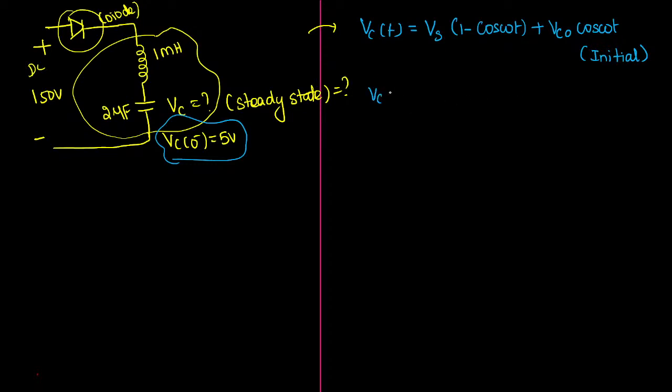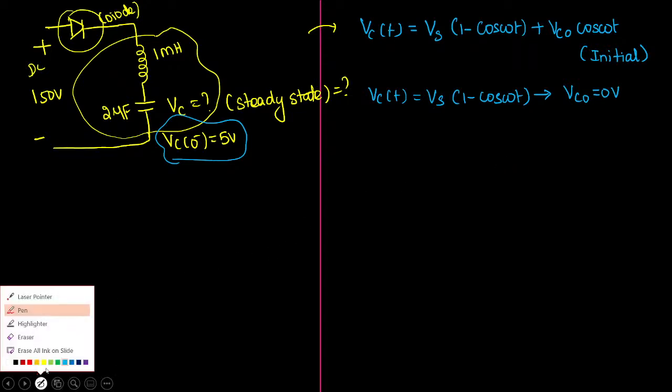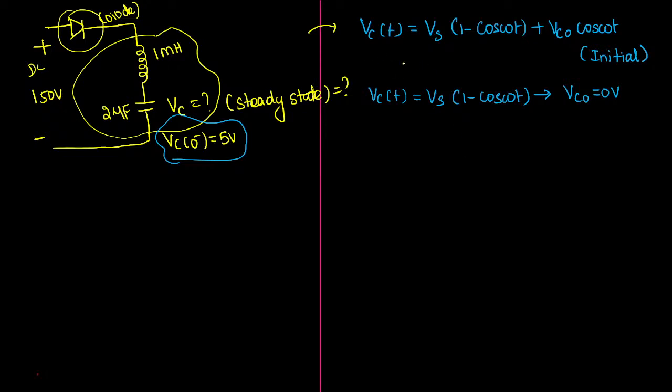In that case, the capacitor voltage Vc of t can be written as Vs into 1 minus cosine of omega t only. But this case will be true when the value of Vc0 is 0. Understood? Anyway, in our case, it is clearly given that the initial voltage across the capacitor is 5. It is given.